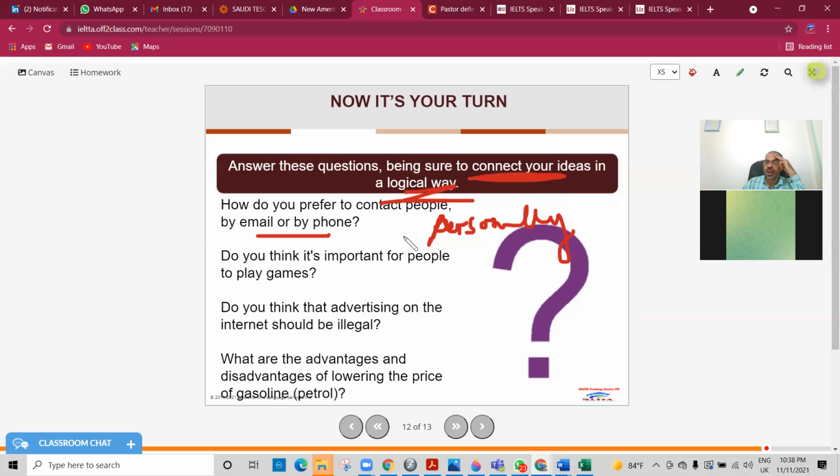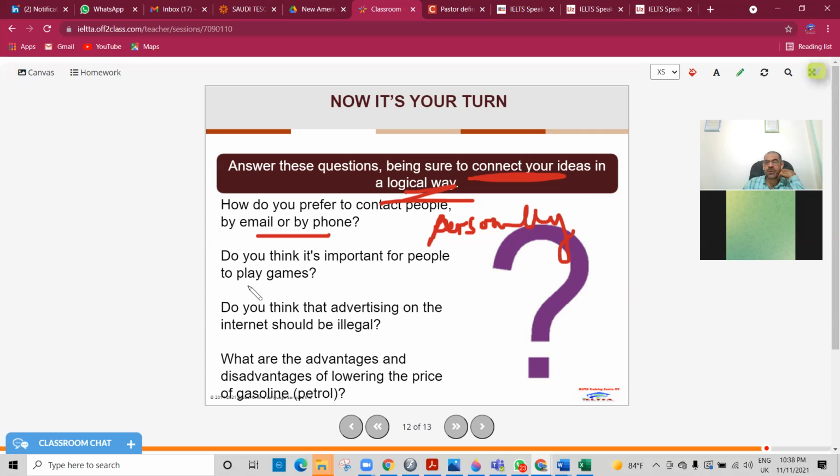Everything would be clear and understandable. However, using email needs a lot of time, and sometimes the message is not clear, and I have to wait for the response from my friend. So overall, I would go for using the phone for contacting people. So that's something like that.